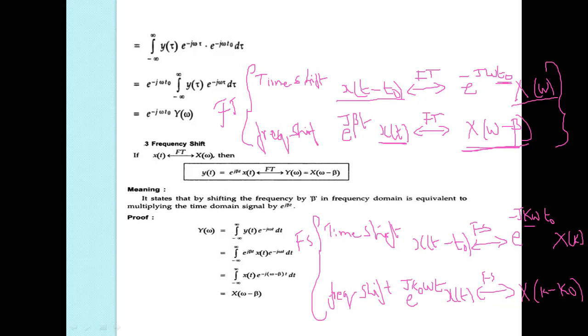Understood, my dear students? So don't confuse. If they ask the Fourier linearity property, time shift property, or frequency shift property in the Fourier series, you can write it in the Fourier series of x of t. The same thing in the Fourier transformation: the linearity, the time shift, and the frequency shift. You can write it in the Fourier transformation with x of omega.